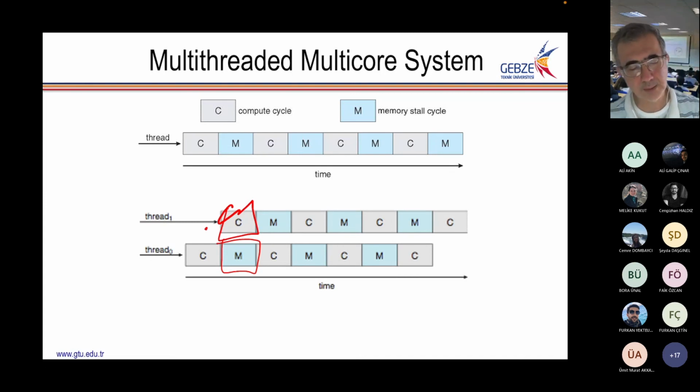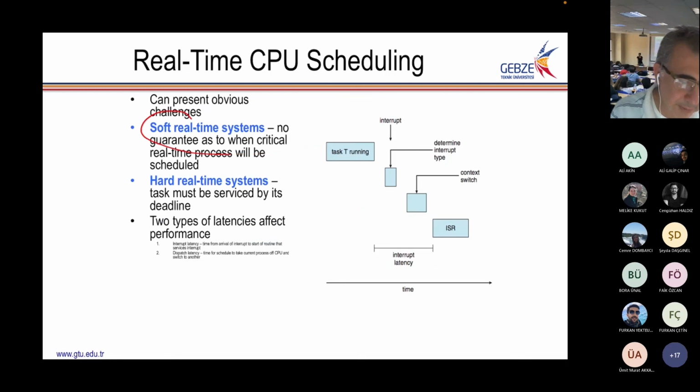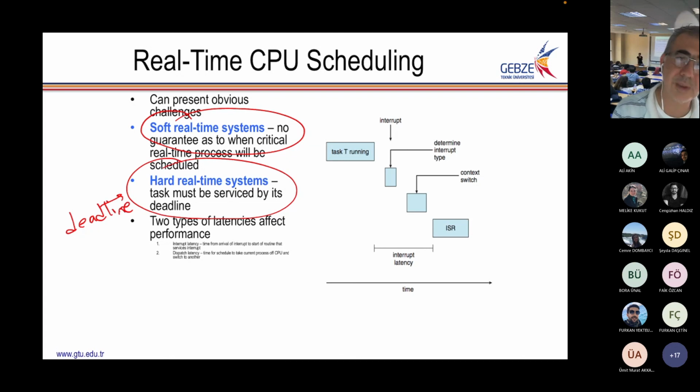Lastly, real-time scheduling is an interesting topic. Typically, we have soft real-time and hard real-time systems. In the hard real-time systems, there are deadlines. In the soft real-time systems, we just say fast. Soft real-time systems do not guarantee any time, but they are fast enough to finish the task.